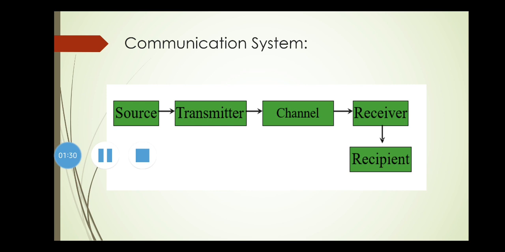And the receiver is going to be a receiving antenna, amplifier, demodulator, oscillator, power amplifier, again a transducer to convert back the electrical input into the original signal. Then we have a recipient. Recipient is basically a person, or it can be a speaker of a computer, or it can be a loudspeaker which is connected to a mic, anything.